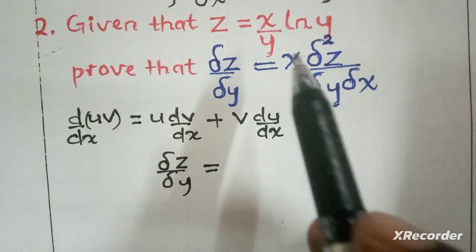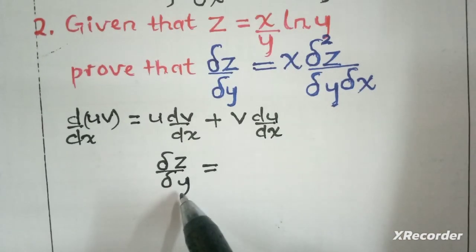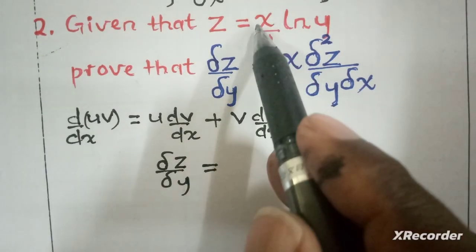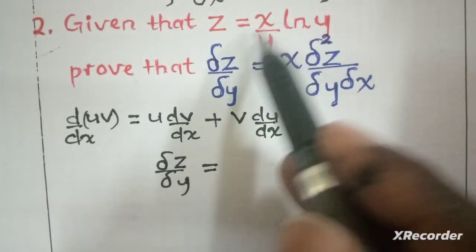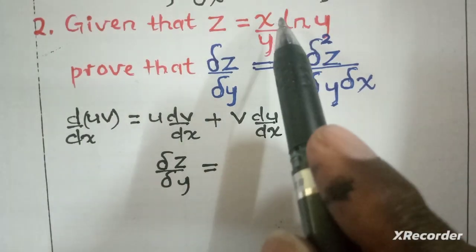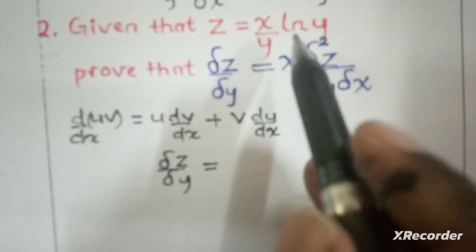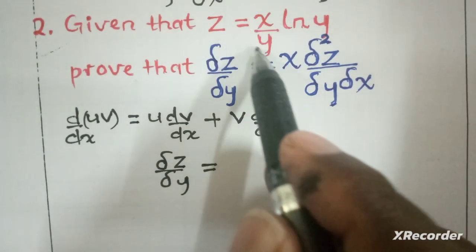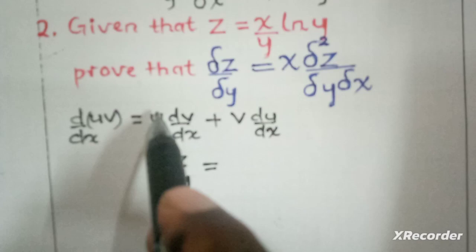When we are doing partial differentiation, guys, if we are doing with respect to y, we consider x as a constant. That is like 2, 1, or any other constant. So guys, I will consider this one as a constant. And let me give this first portion, I give it u. This portion I say is u.